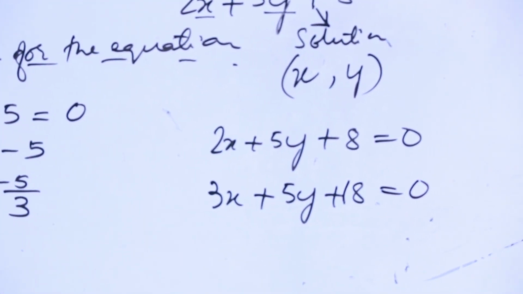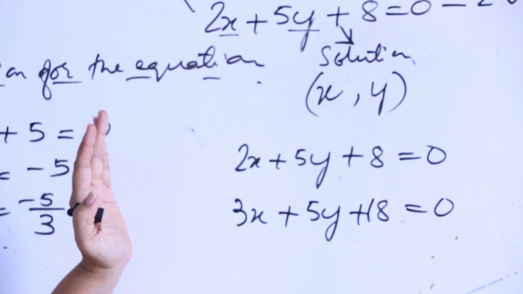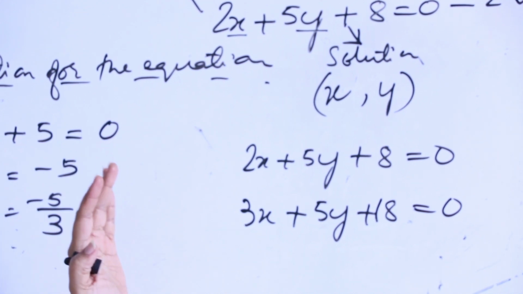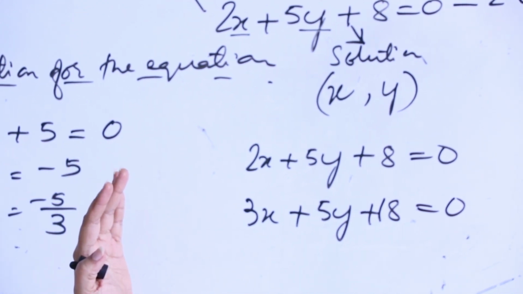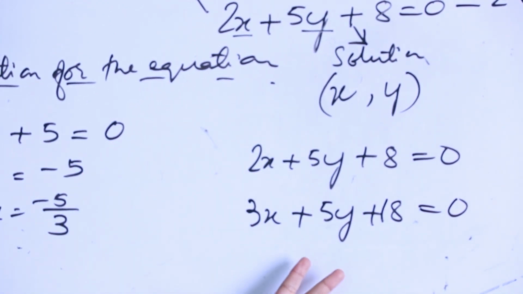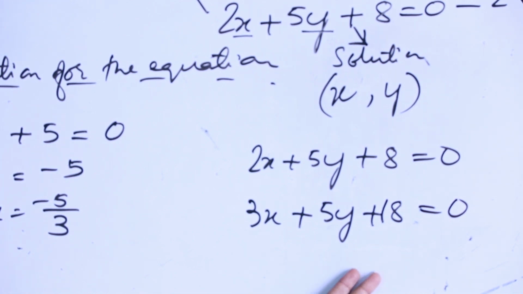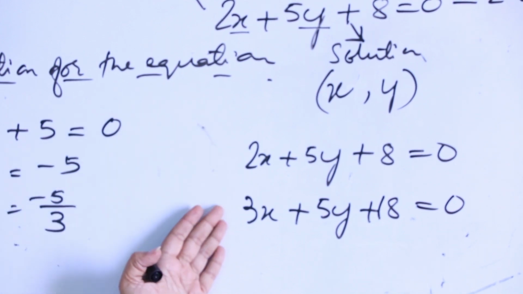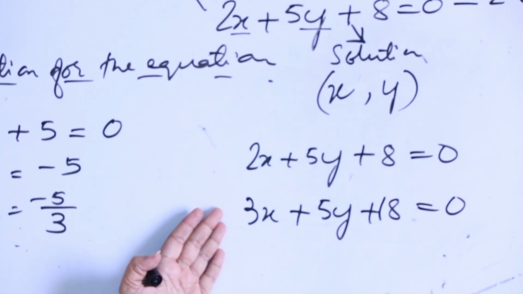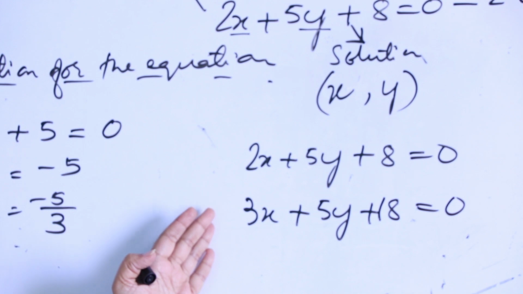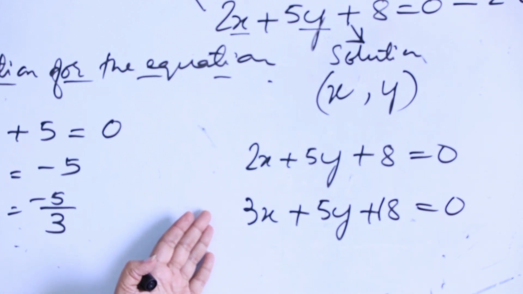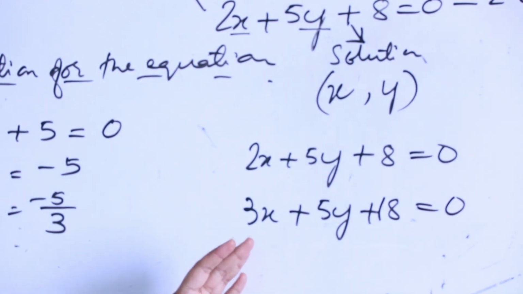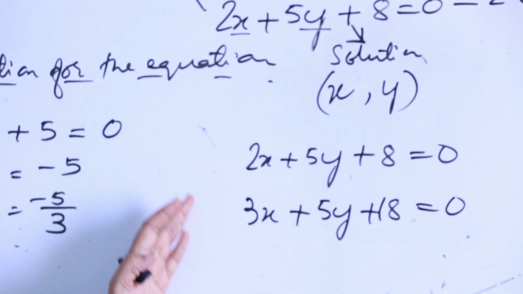Now, there must be some value for x and y, which when substituted in both these equations must make both the equations value 0. So, such a pair of values of x and y which make both.